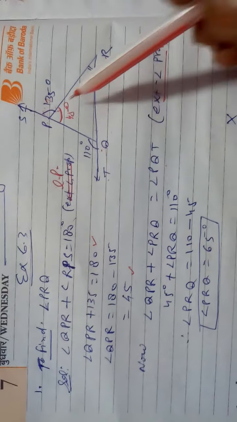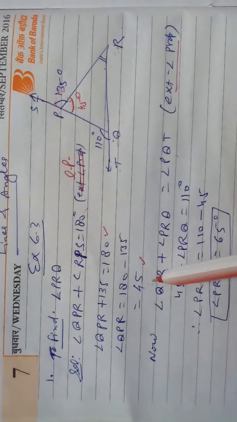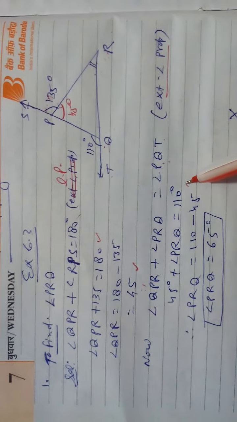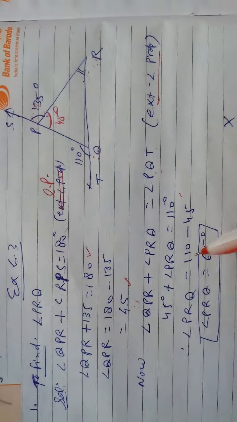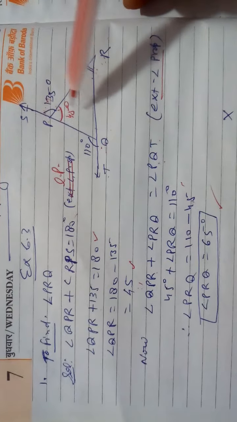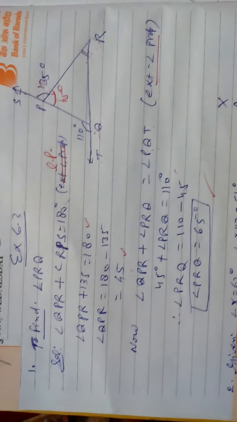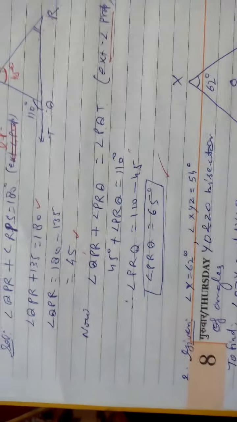So QPR is 45, and PQT is 110 degrees, so this angle will be 110 minus 45, which is 65 degrees. Very simple. These two by linear pair, and this plus this is equal to this, so this minus this gives you R. That's all.